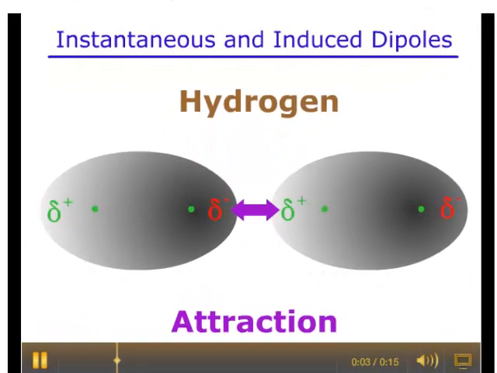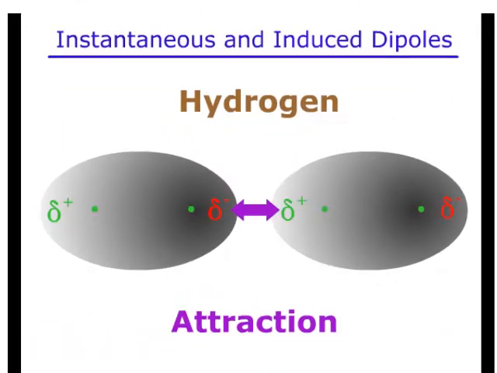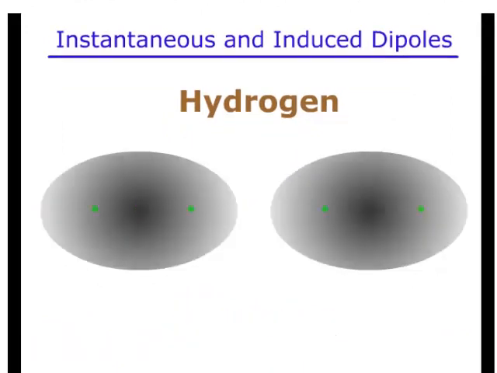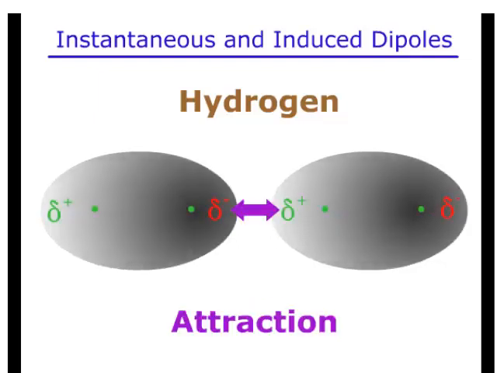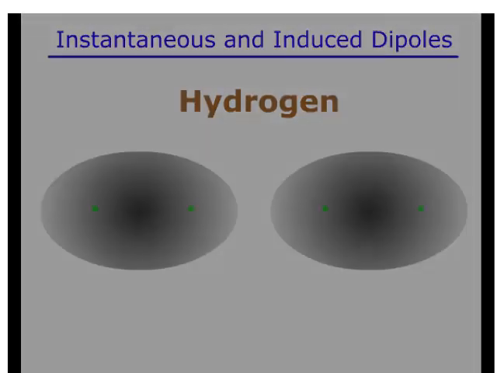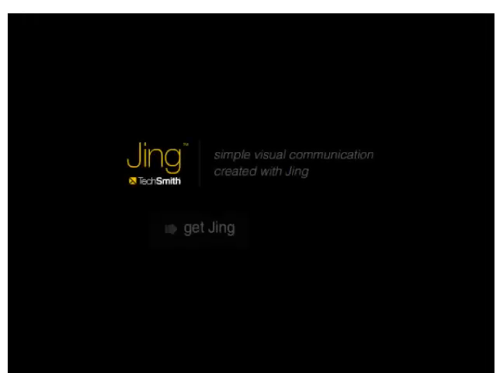So here's an example where the one on the left has induced a dipole in the one on the right. We can see the dipole starting in the left molecule, and because the partial negative charge is on the right side of that left molecule, you saw that the partial positive charge ended up on the left of the neighboring molecule, so that you'd have opposite charges near each other for attraction purposes.